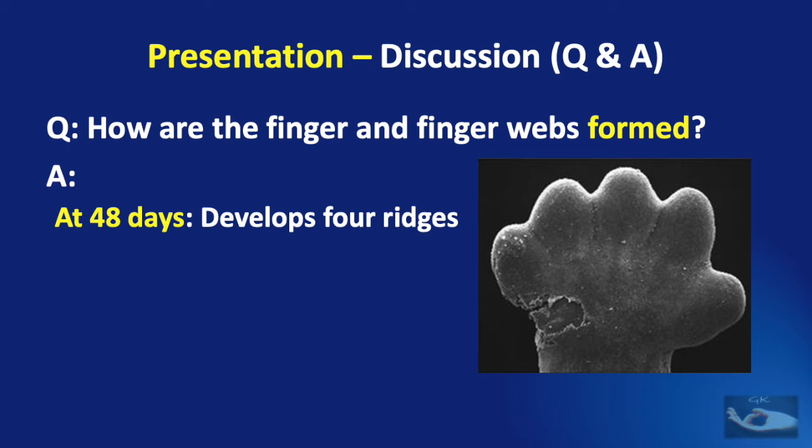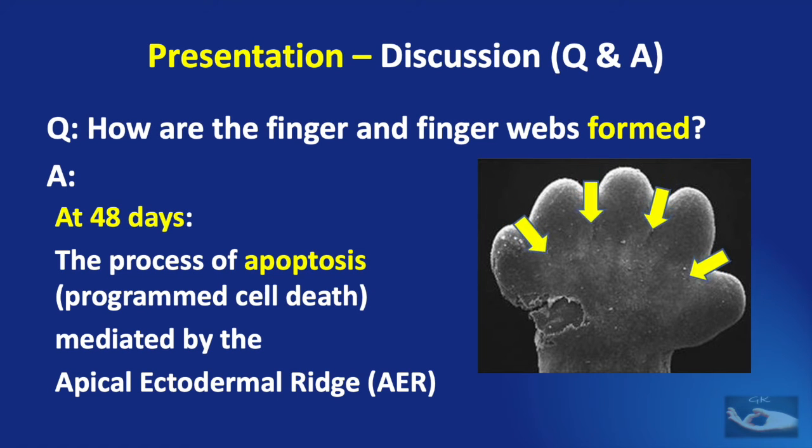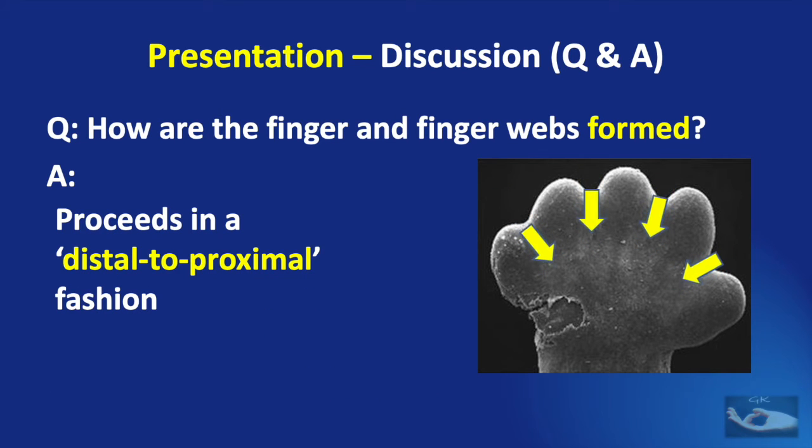At around 48 days, 4 ridges develop in this hand plate. From these ridges, the process of apoptosis, that is, programmed cell death begins, and this is mediated by the apical ectodermal ridge, and this proceeds in a distal to proximal fashion.